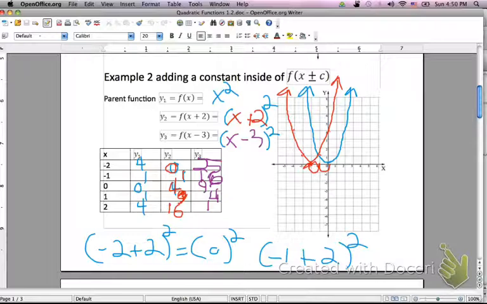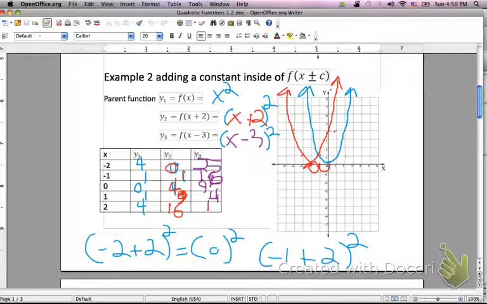Well, we can probably predict what's going to happen if we subtract a value, but let's go ahead and graph this. So the negative values are way off the chart, but at 0 we have 9, so somewhere around here. At 1 we have 4. At 2 we have 1.